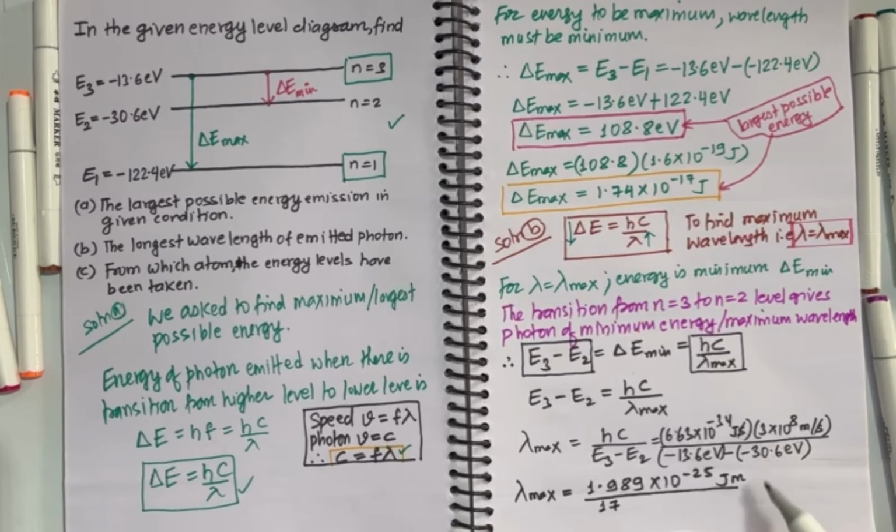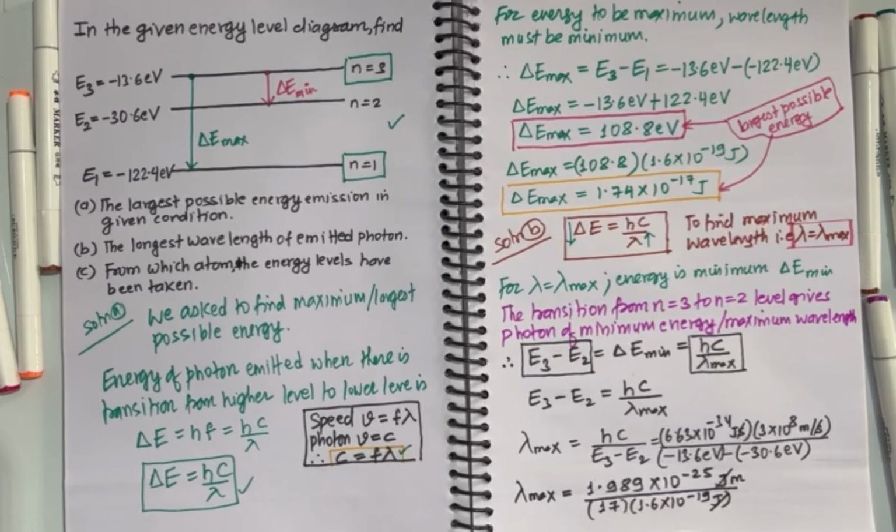We have to change electron volt into joule, so we write 1.6 times 10 power minus 19 joule. Joule and joule cancel out. So the maximum wavelength is 7.31 times 10 power minus 8 meter.